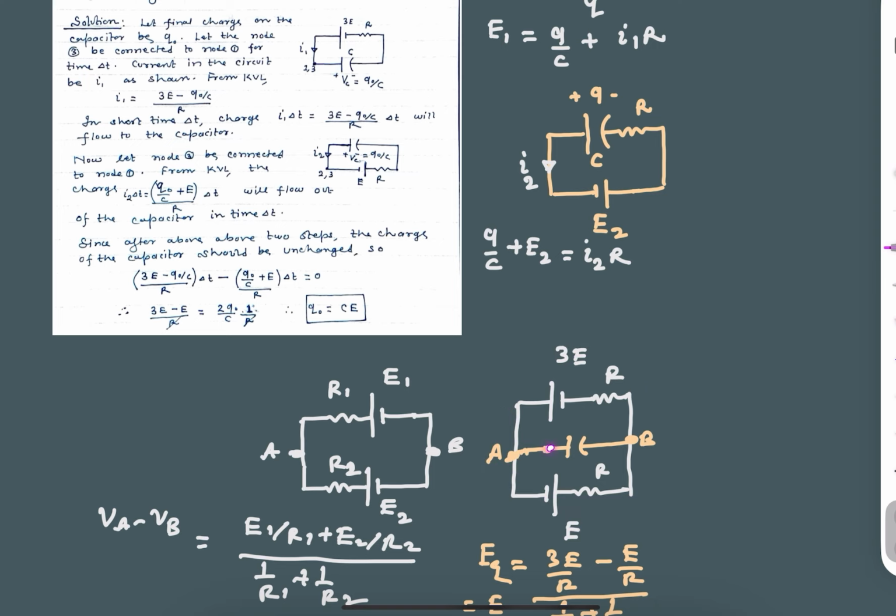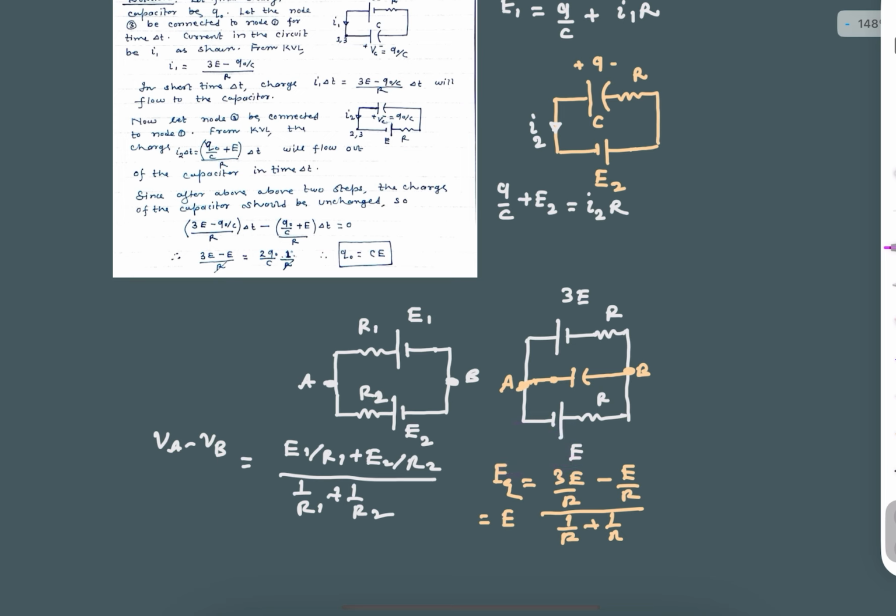So this capacitor will feel that it is connected to here also simultaneously. If you can digest it, then you can also realize this capacitor will feel that it is connected to a cell of equivalent EMF E, and therefore final charge on this capacitor will be simply CE, right? Which we have obtained here.